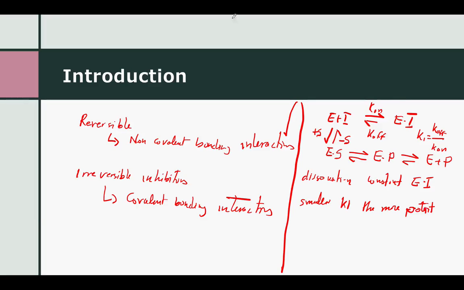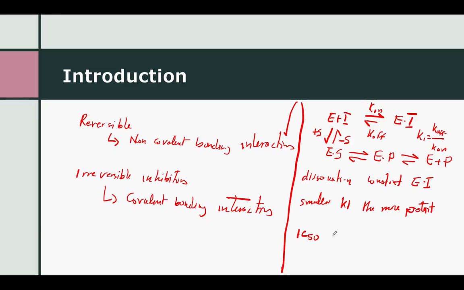Now another value that's important for us to know is the IC50. The IC50 is another common value to rank the potency of an inhibitor.